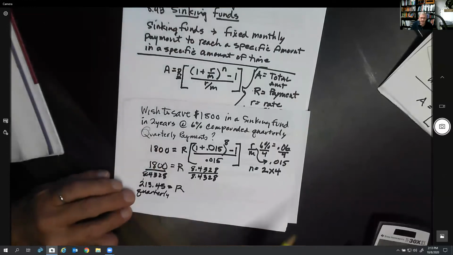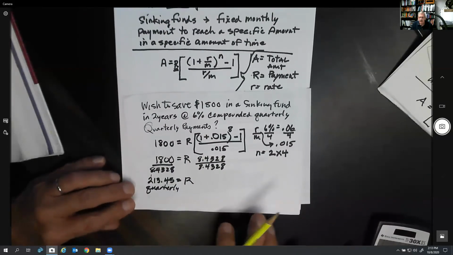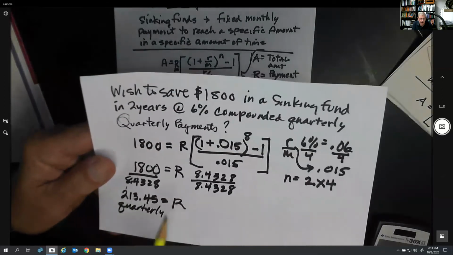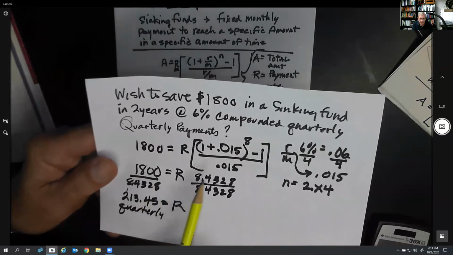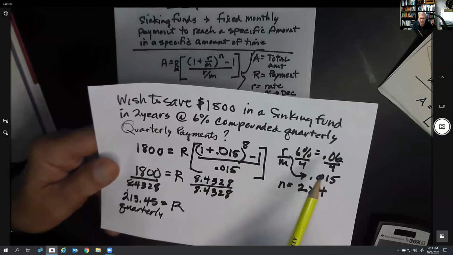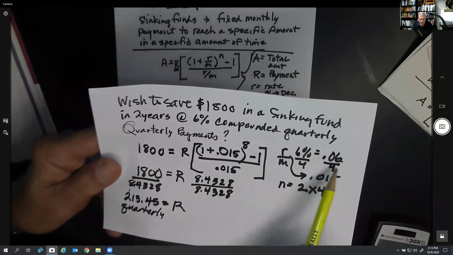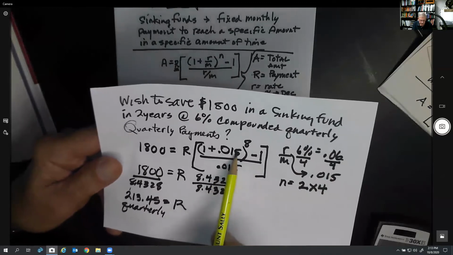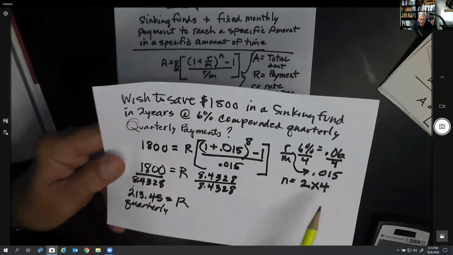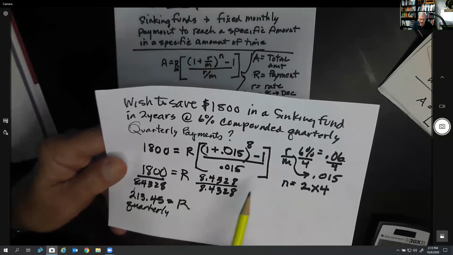So let me go over this again. I can probably lift it up so you can see. I'm putting 1,800 into the formula, 1 plus, how did I get to 0.015? Change 6% to a decimal and divide by how many times it's compounded, 4. And I just put in that factor. And how did I get this n up here? 2 years quarterly, 2 times 4, 8.